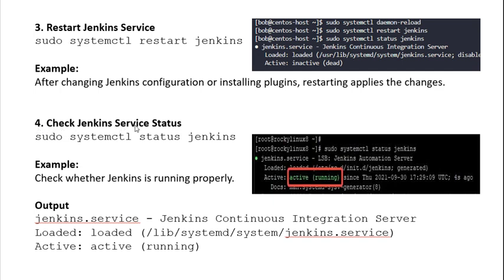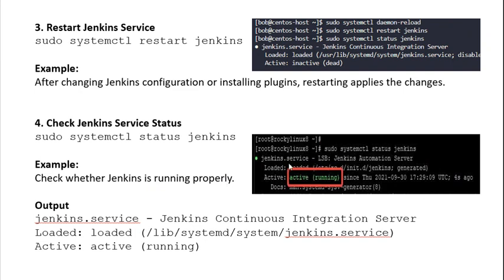Step 4, the fourth command, is to check the Jenkins service status: write sudo systemctl status jenkins. For example, check whether Jenkins is running properly or not. Give this command.